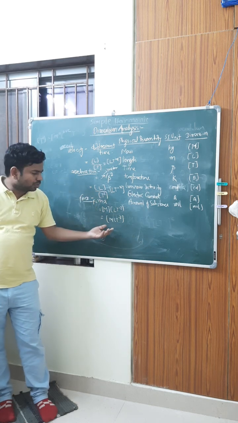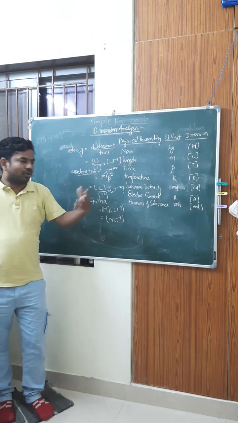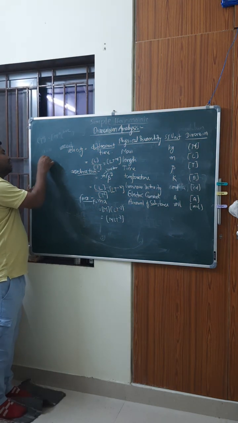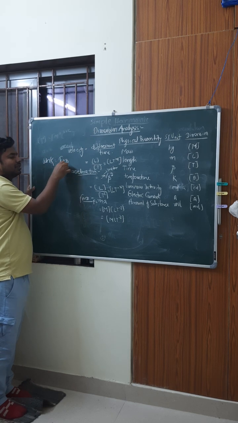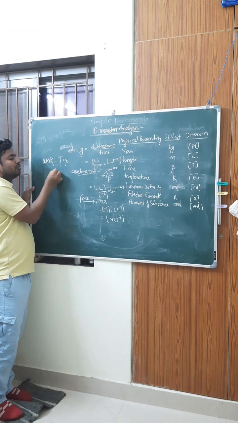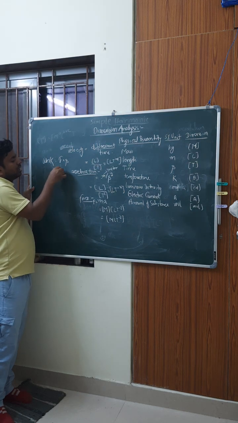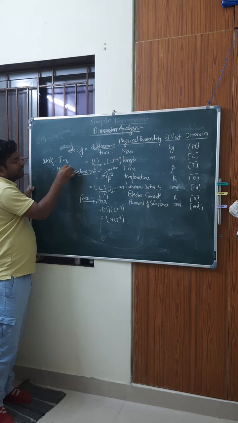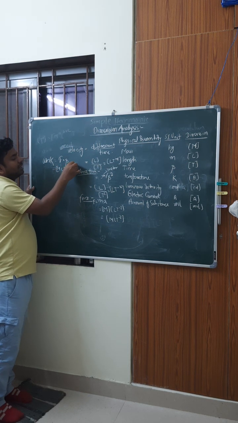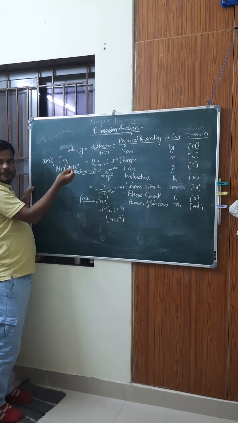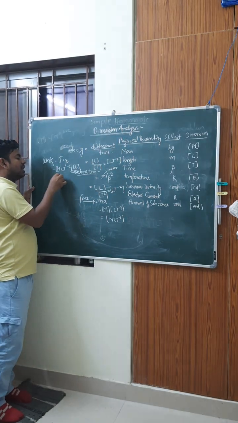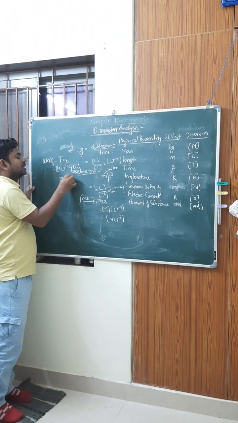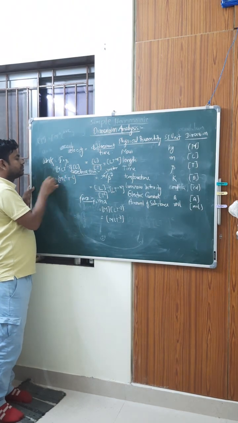Since we know the dimension of force, we can proceed further. For example, to find the dimension of work: work is force into displacement. Force is MLT minus 2, and displacement is L, because it is a length. So we can write this as ML square T minus 2. This is work written in terms of the basic fundamental quantities. It is equivalent to 1 joule.